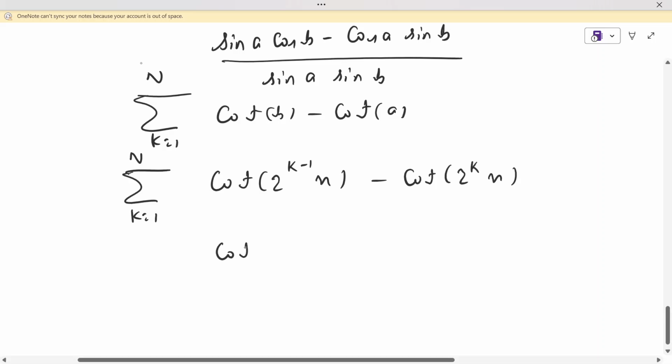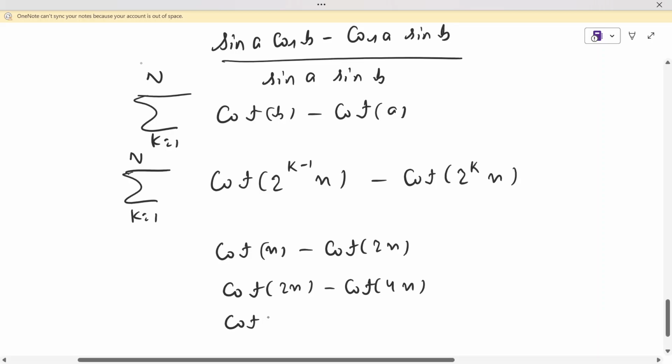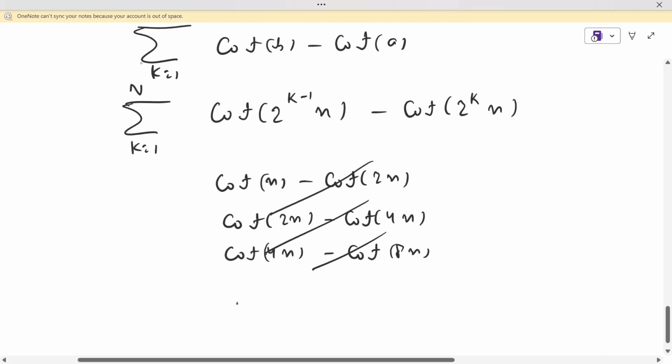So now we have cot x minus cot 2x, minus cot 4x, minus cot 8x, right? This will proceed, and they will cancel in that way. Now at last we have cot(2^(n-1) x) minus cot(2^n x). Now this will cancel.